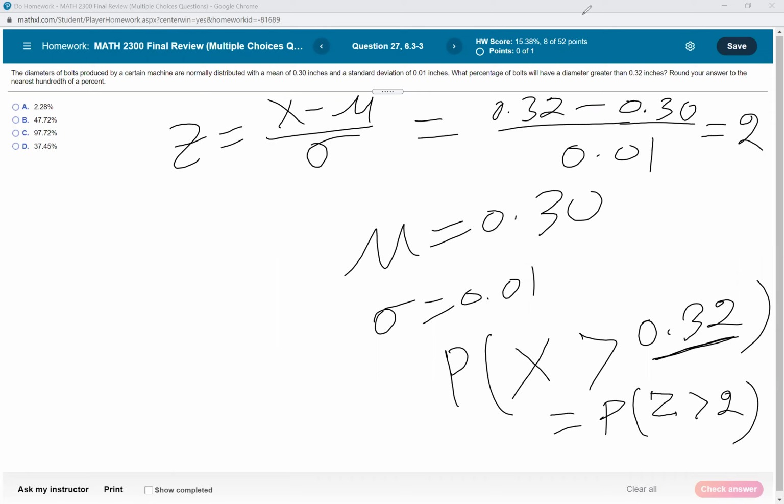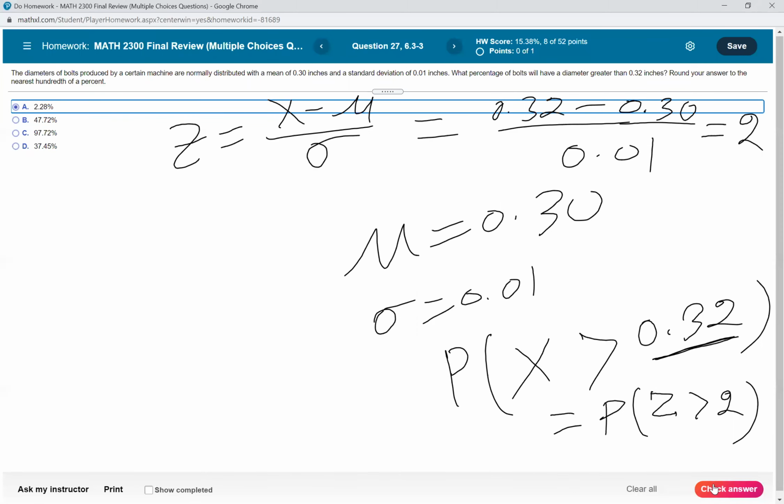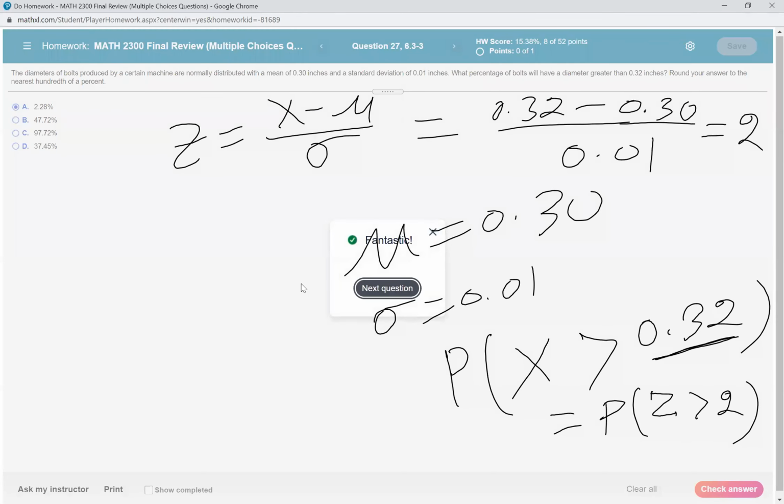Let me check. The probability where z is greater than 2 is this one. If you look at negative 2, you will directly get the probability, 2.28%.